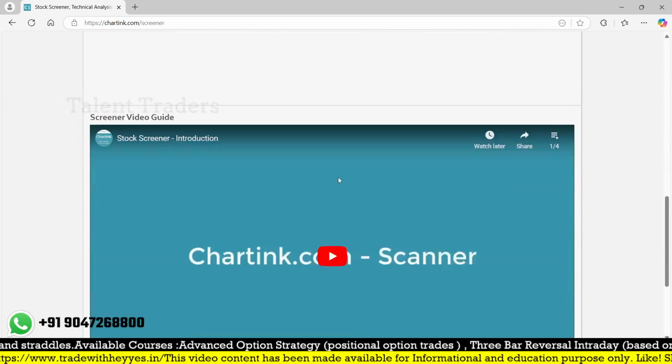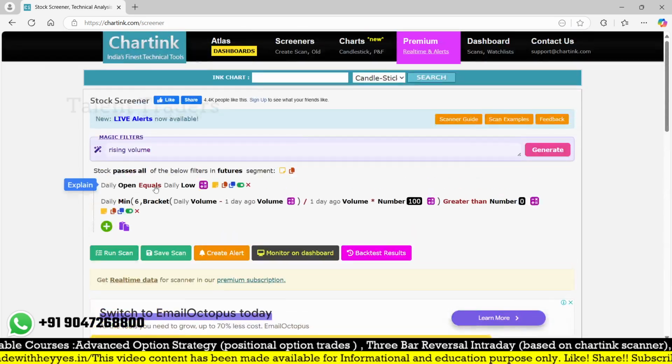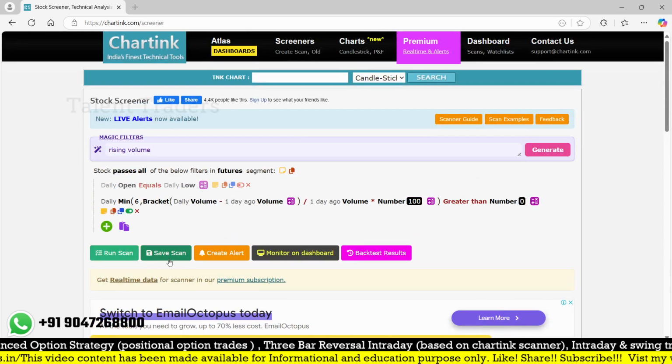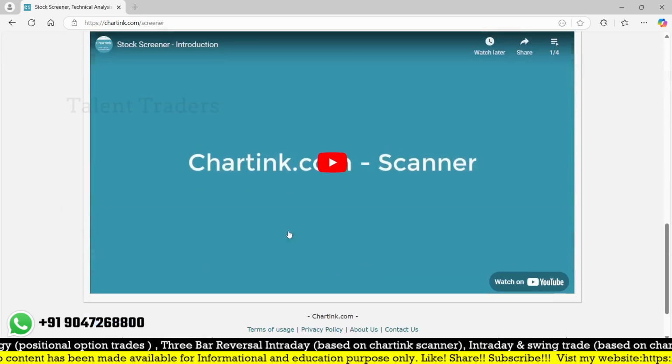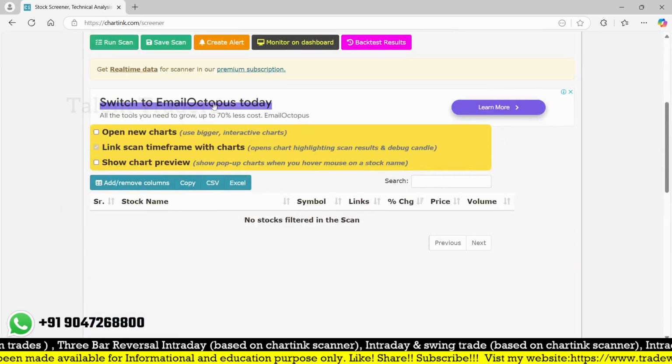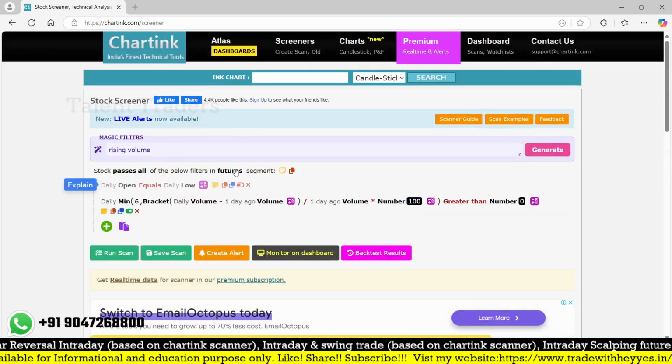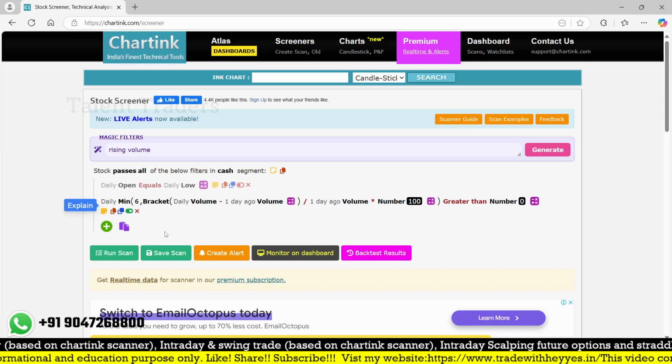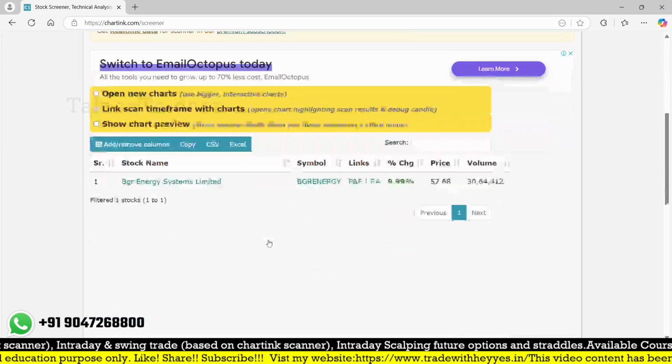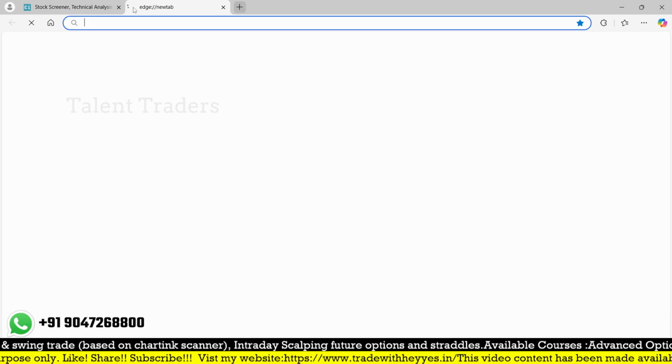If you take that, there are no stocks. Why are there no stocks? Maybe it is taking open low along with that. Instead, if you look at the rising volume condition alone, I didn't get any futures stocks. Instead of futures, in equity cash you can check this. So, BGR Energy. Let me check how its volume is rising.